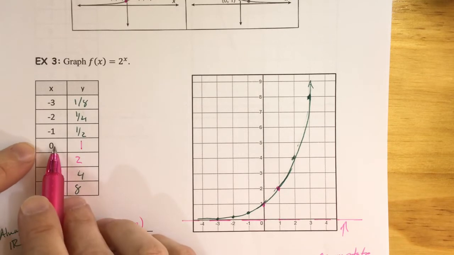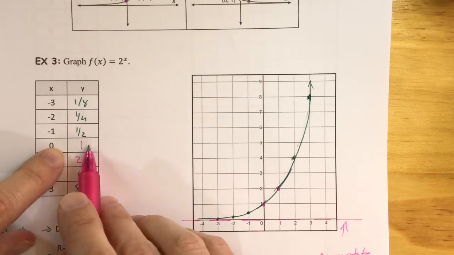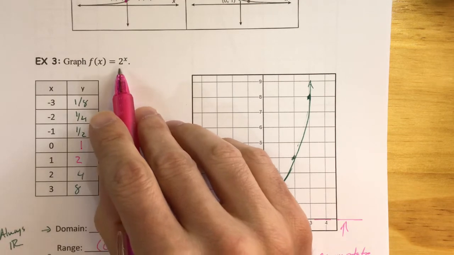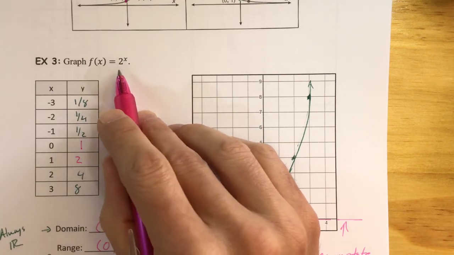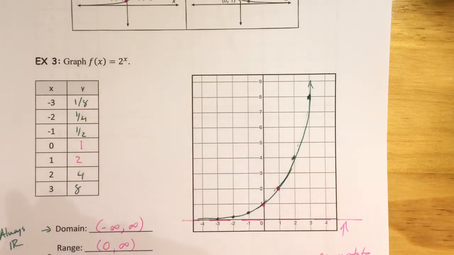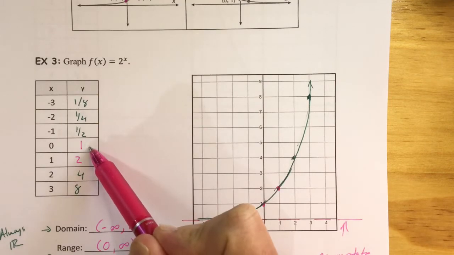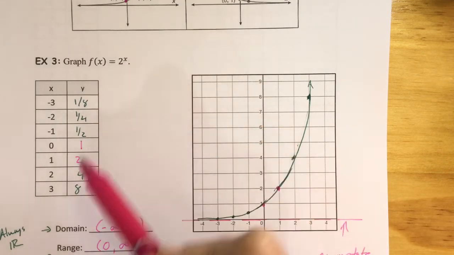You're going to notice here that the 0 and the 1, I did in a different color because those are the 2 points that I'm really focusing on as being very important. Our function, a very simple function right now, is just 2 to the x power. If you raise 2 to the 0 power, you're going to get back 1, and of course if you raise 2 to the first power, you get back 2.